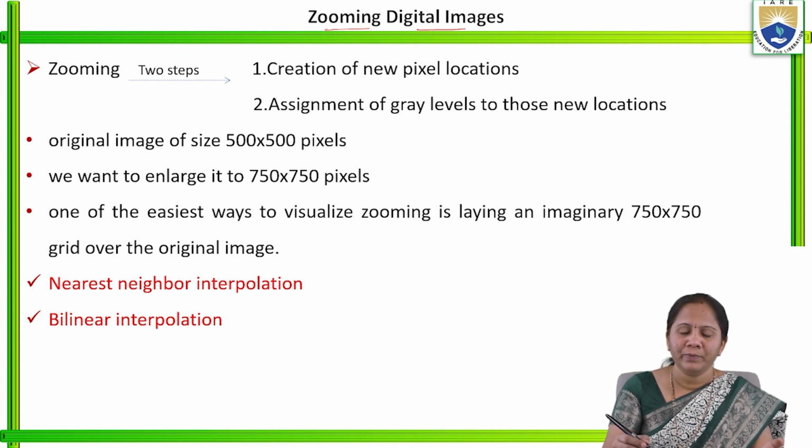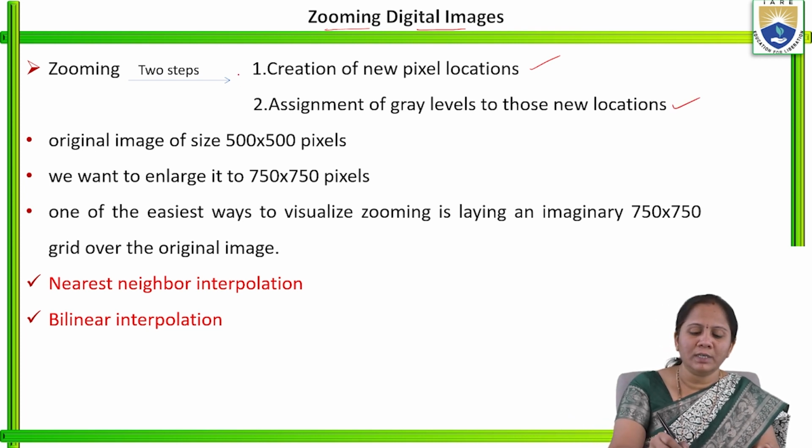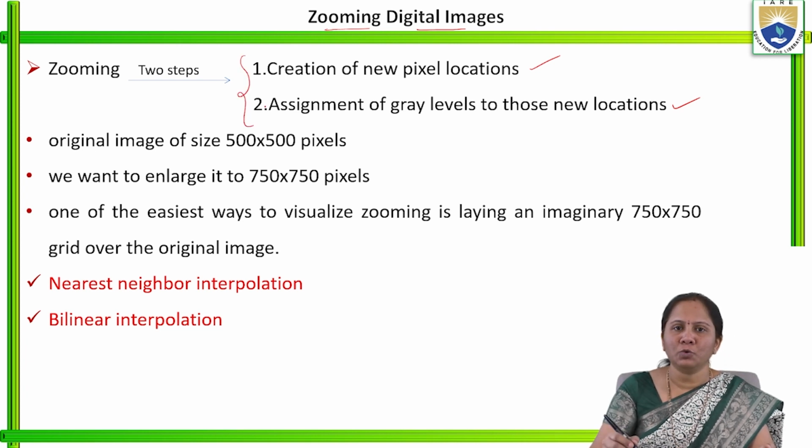Coming to zooming of digital images, in order to zoom the original image, two steps need to be followed. The two steps are creation of new pixel locations and assignment of gray levels to those new locations. To clearly understand these two points, let us consider an original image and see how it will be when zoomed, and how to assign values to the newly generated pixels.